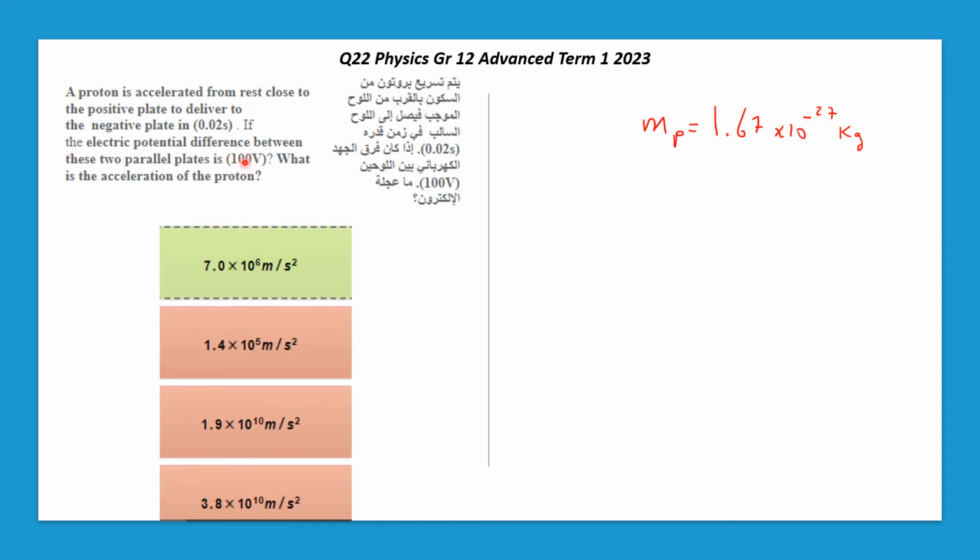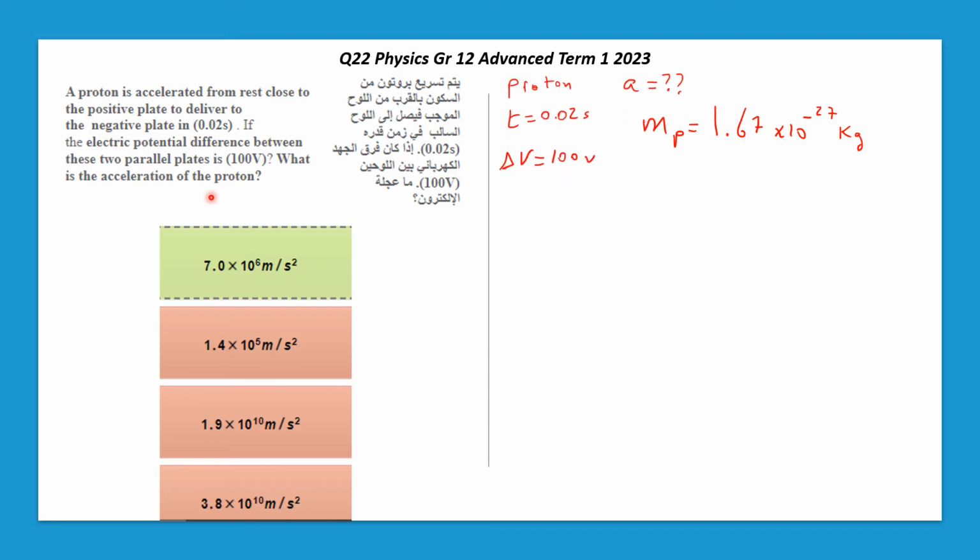We continue with question 22. A proton is accelerated from rest close to the positive plate to reach the negative plate in 0.02 second. If the electric potential difference between these two parallel plates is 100 volt, what is the acceleration of the proton? Let's refer back for this question to chapter 1, I think section 3.